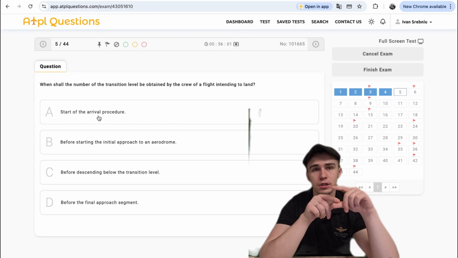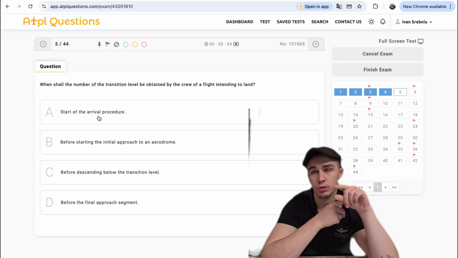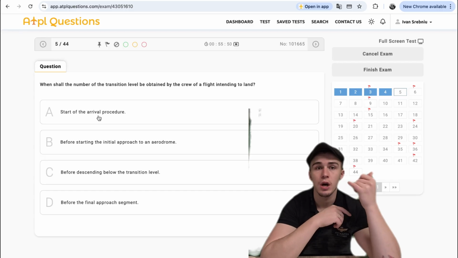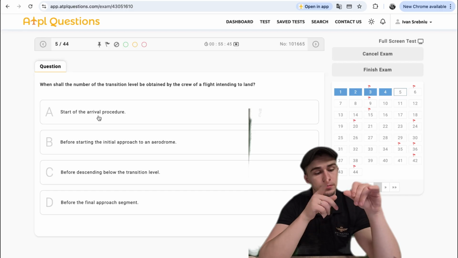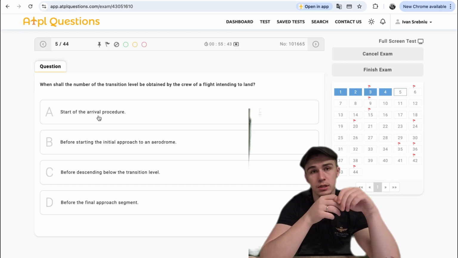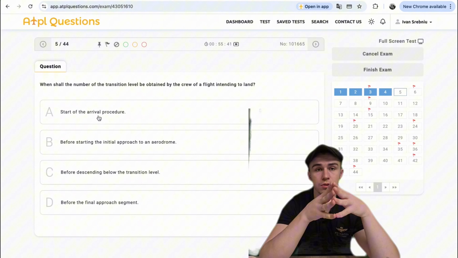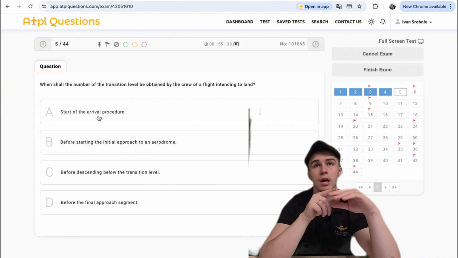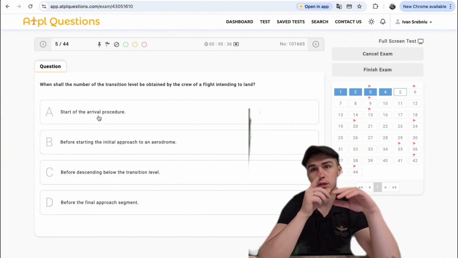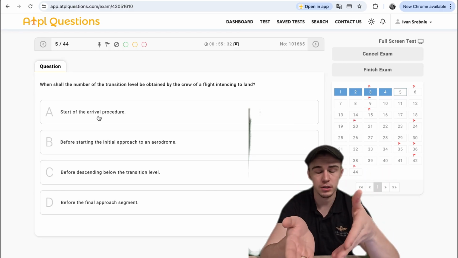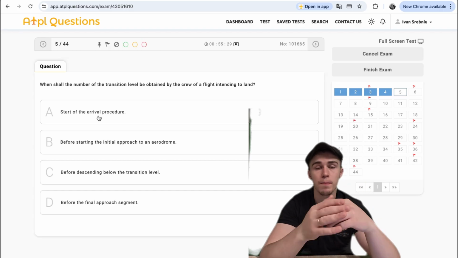Here, after the transition layer, we need to switch our altitude to flight level. So if our altitude is for example 5000 feet, we say Oscar Kilo Foxtrot Alpha Foxtrot, passing altitude 5,000 feet. If the transition level is for example 60, it means 6,000 feet.